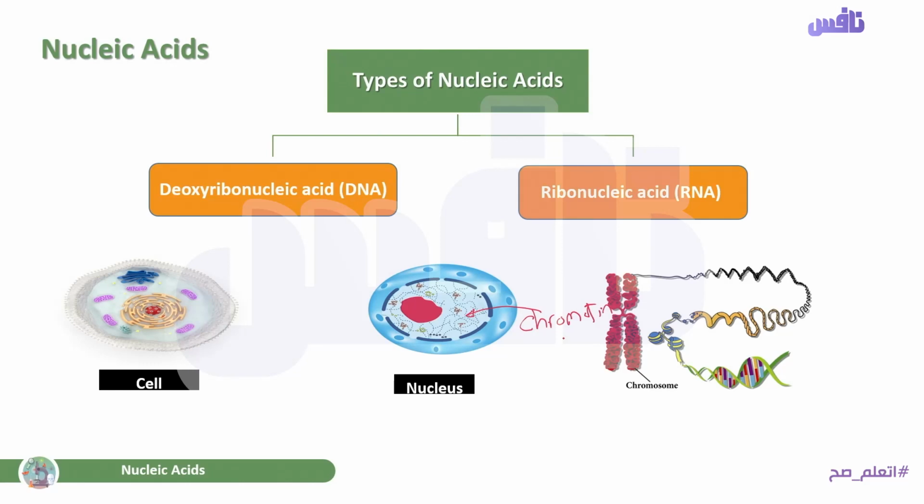These chromatins, if the cell wants to divide or enter a division, the chromatins will transform into a structure called a chromosome. And we said that already in the last lesson. So if the nucleus is going to divide, the chromatin inside it starts to condense and gets arranged in a certain way to form a structure called a chromosome. Just look at this chromosome. The chromosome is composed of protein and this nucleic acid.